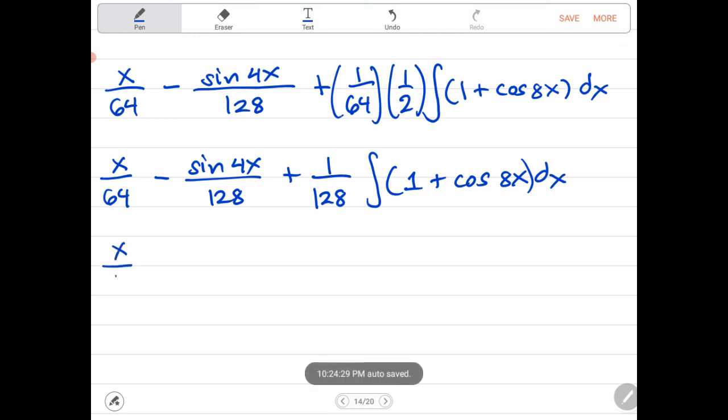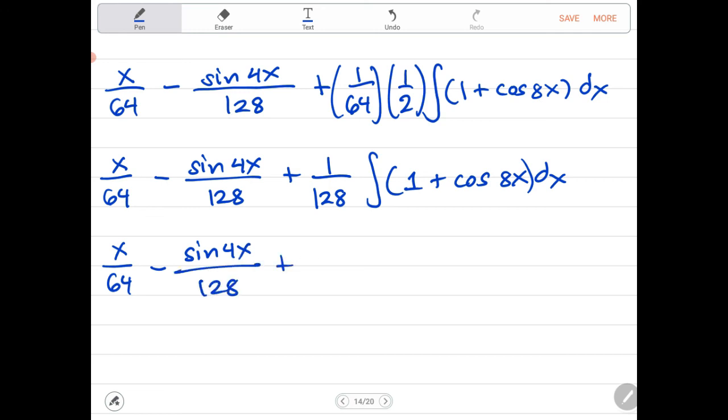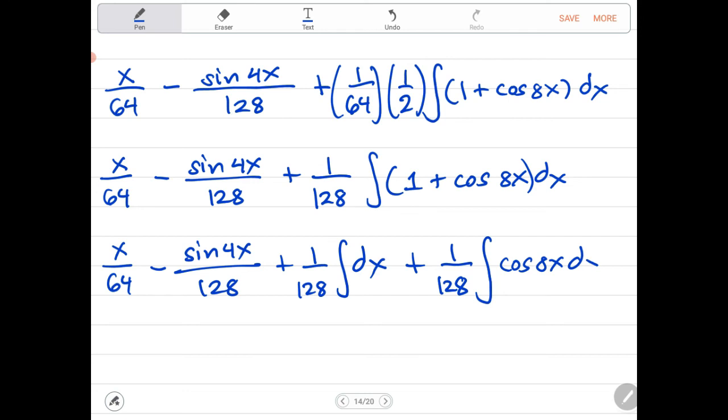X over 64 minus sine 4x over 128 plus 1 over 128, the integral of dx, plus 1 over 128, the integral of cosine 8x dx.